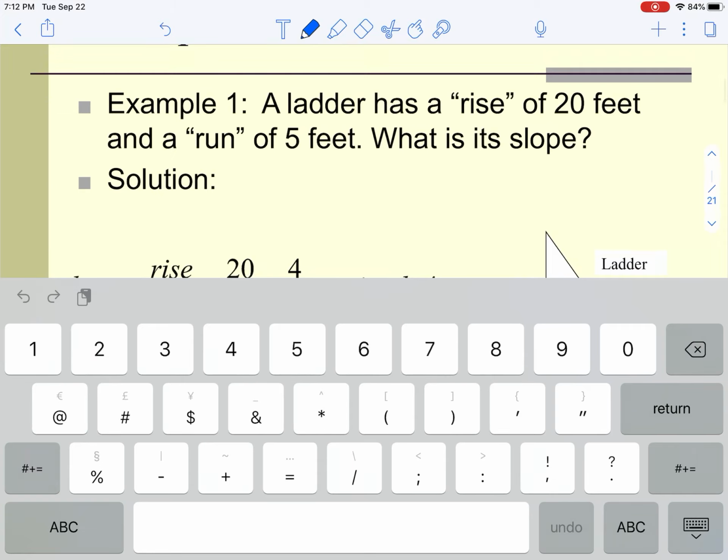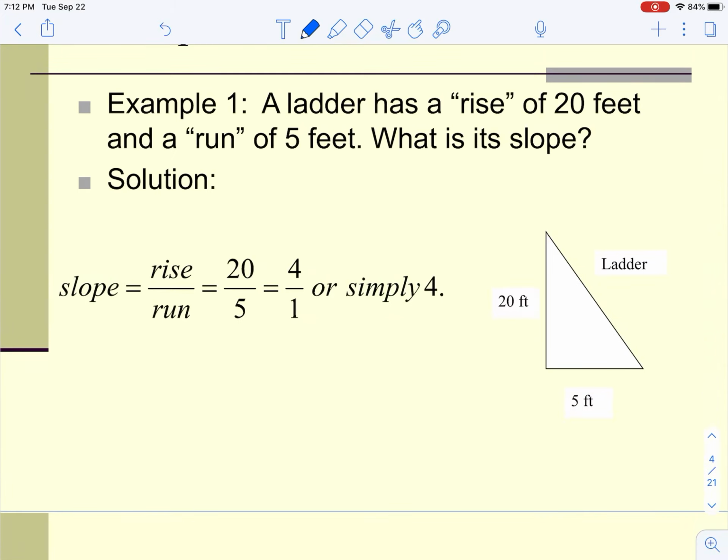Let's say that I was doing some work on my roof and I had an extension ladder. It is an awfully good-sized extension ladder, and I lean it up against the house. I don't know how long the ladder is, but I do know that I have a 2-story house about 20 feet tall. When I measure with my measuring tape, I find out this distance here is 5.